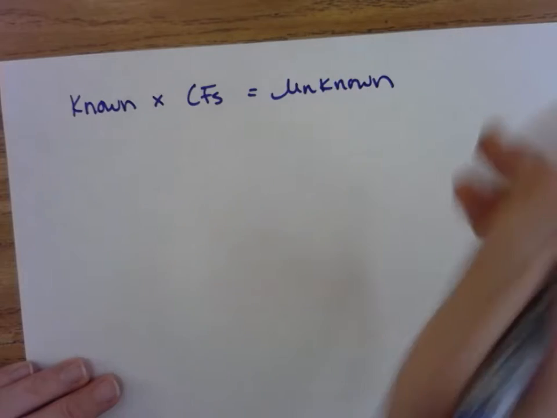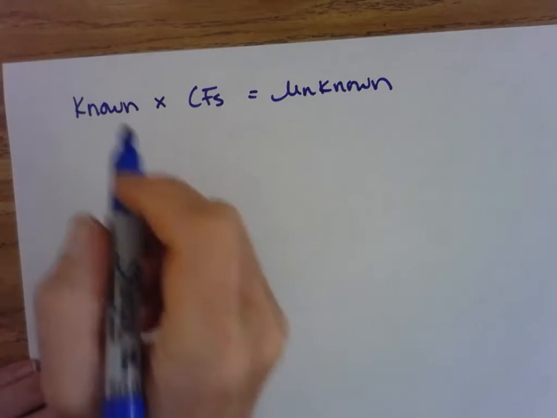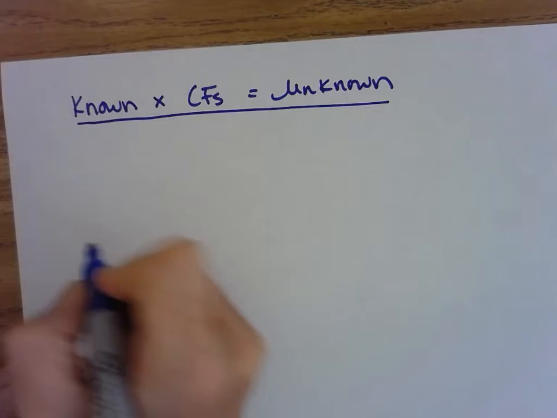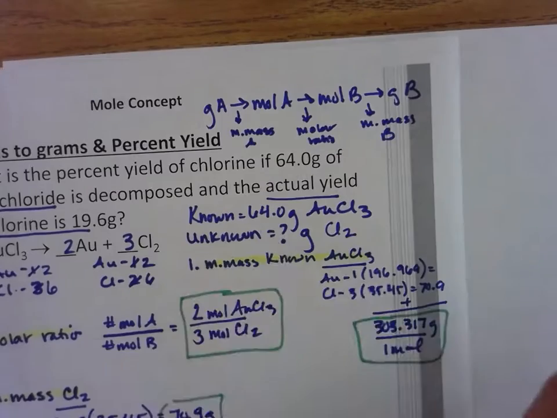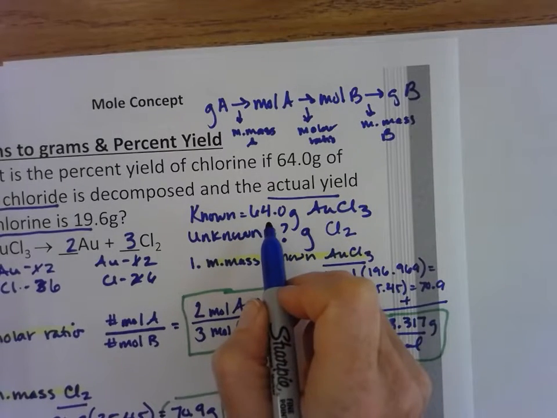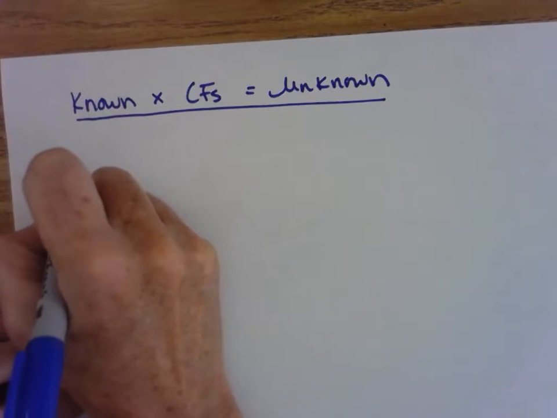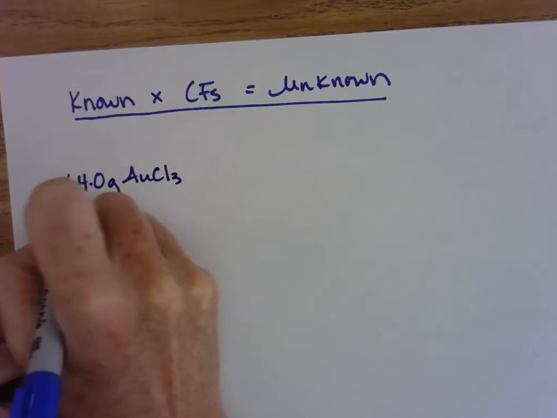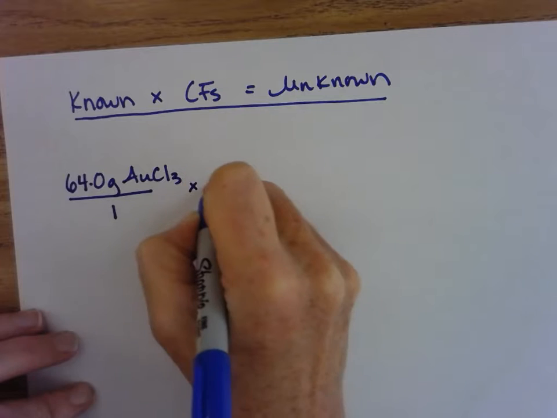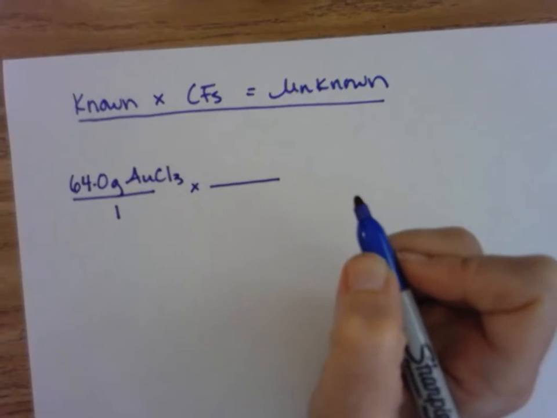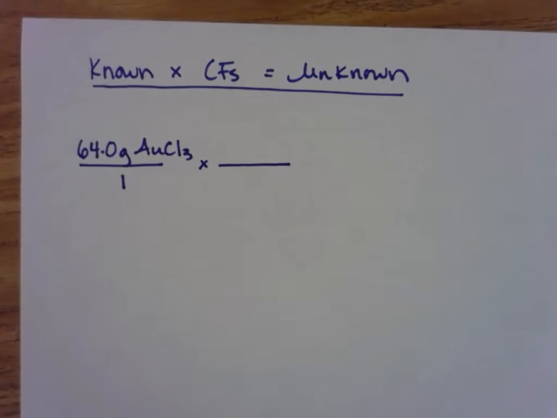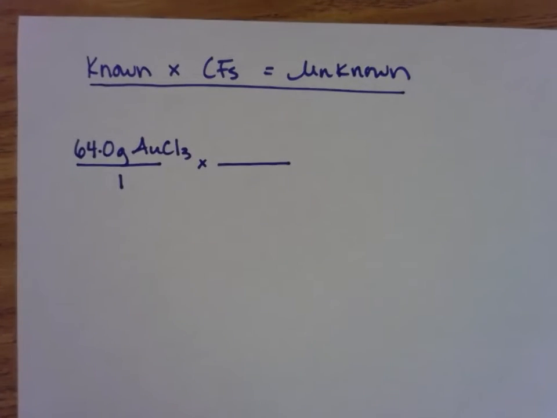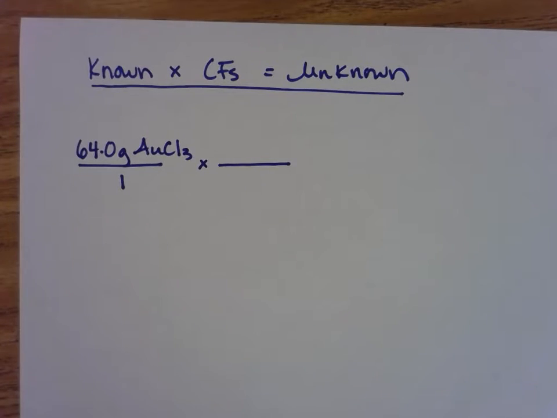So my known is right here, 64.0 grams of AuCl3 over 1, times my first conversion factor. Here is my first conversion factor.